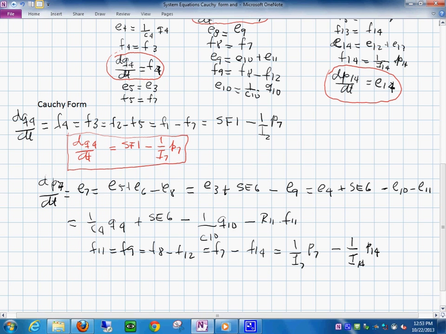And I will have only one more to go to finish this whole set of equations in the Cauchy form. I'm just substituting. Backward substitution, dP14 dt equal E14 is the last one that we need to deal with. So this is dP14 dt is equal to E14, it says. But E14 is E12 plus E13.